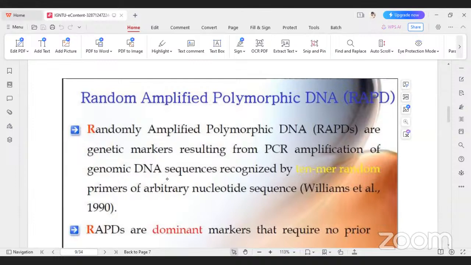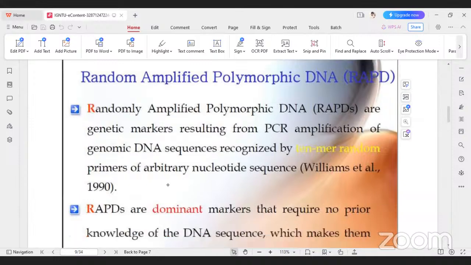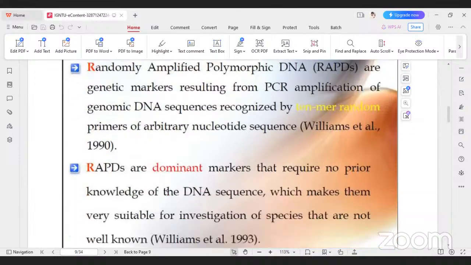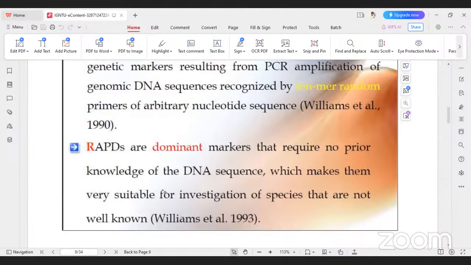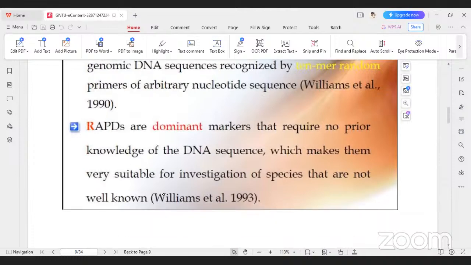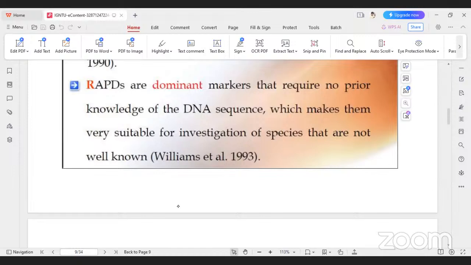RFLP is a codominant marker, but RAPD is a type of dominant marker that requires no prior knowledge of DNA sequence like RFLP, which makes them very suitable for investigation of species that are not well known.